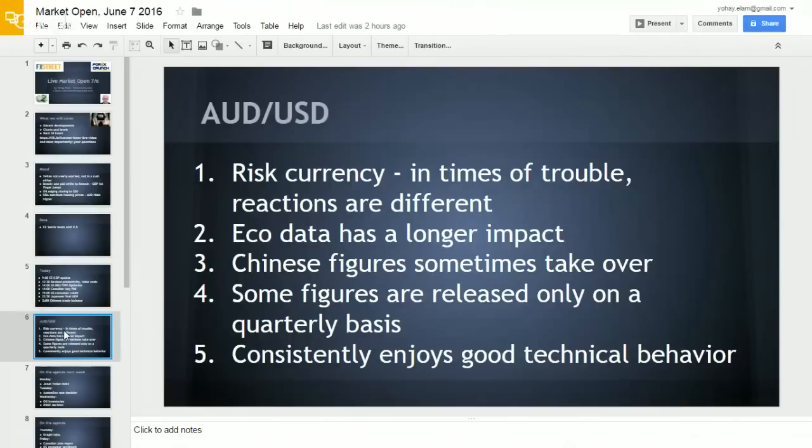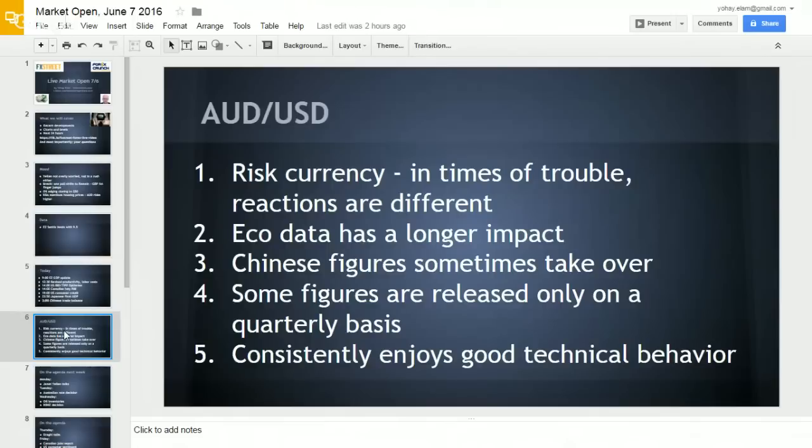It's not always the best currency pair to trade. Doesn't always top the list, but it's sort of consistently in the top 5, top 10, if you wish. Okay, so that's the last and 5th characteristic of the Australian dollar.